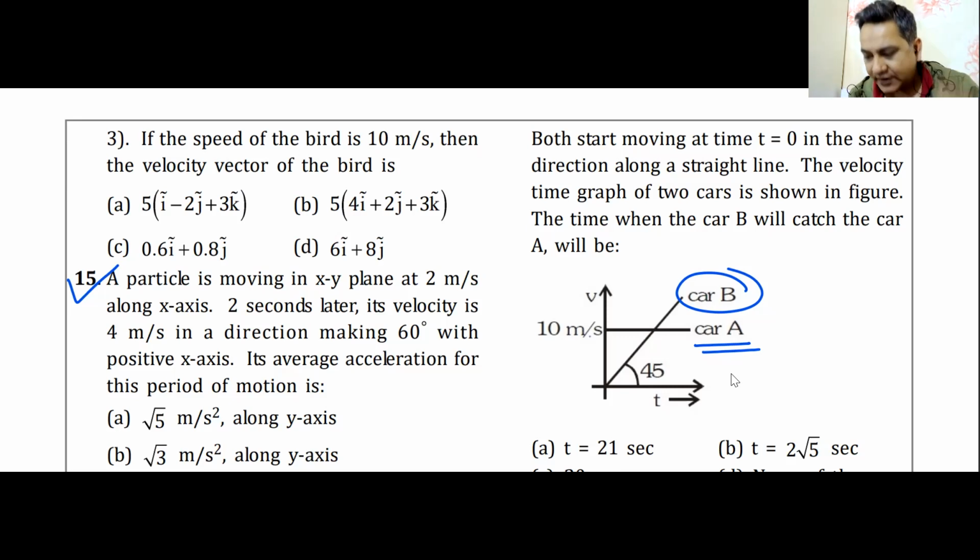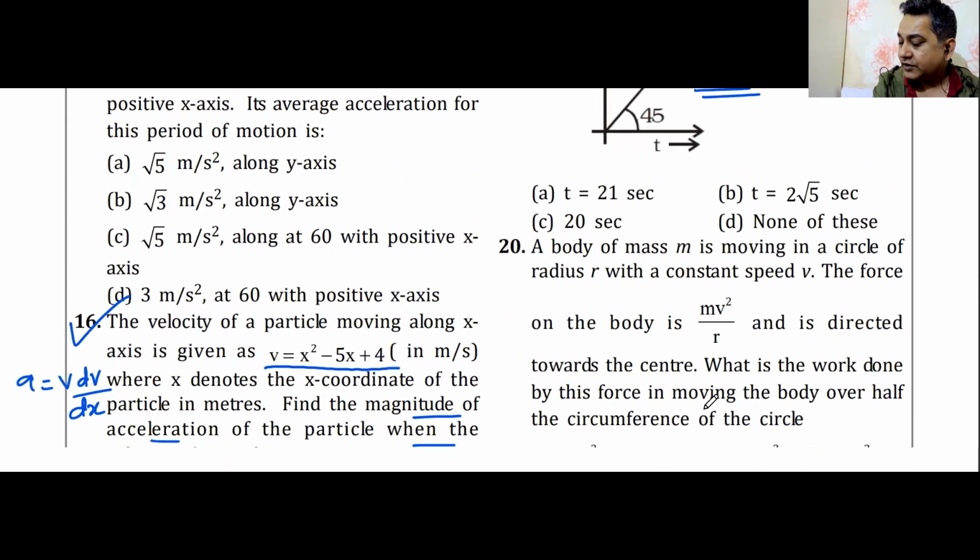The simplest way it can be done is by the concept of relative velocity, and that is what you had to remember.